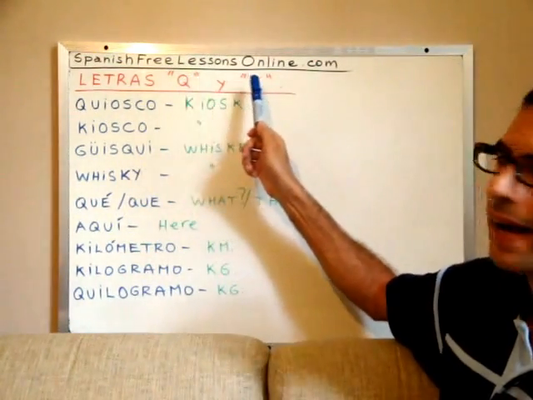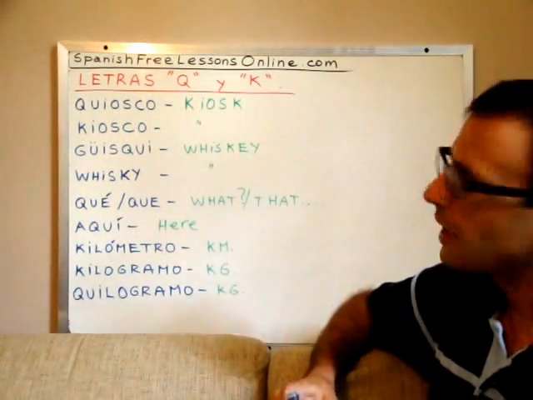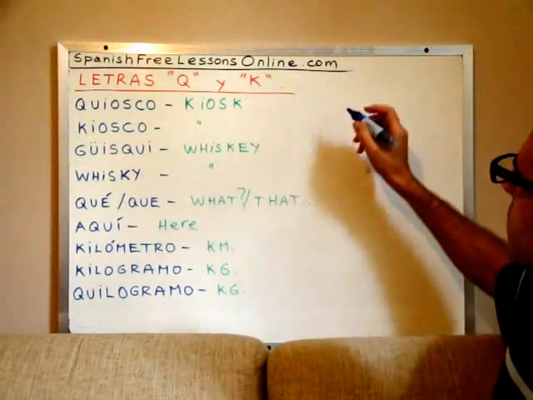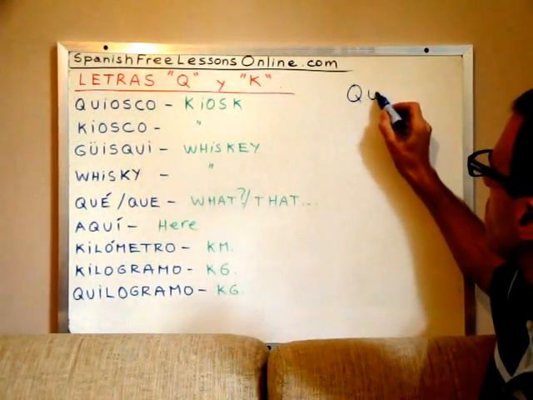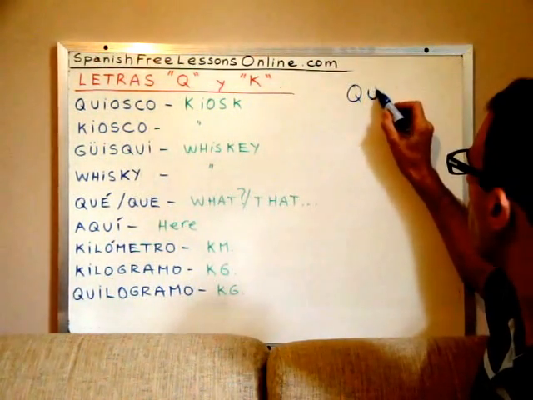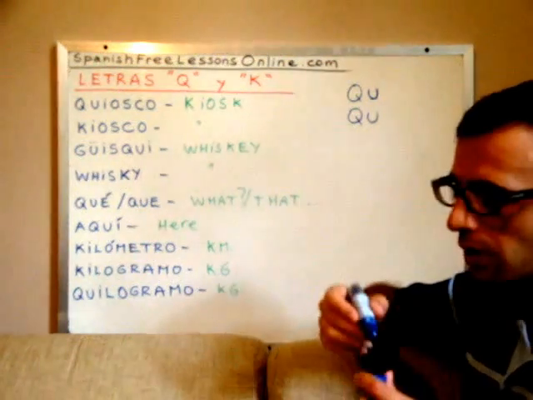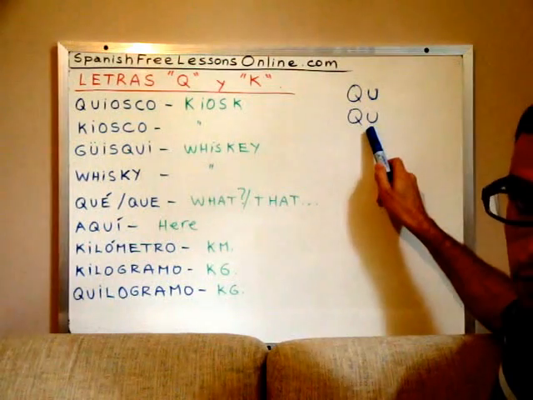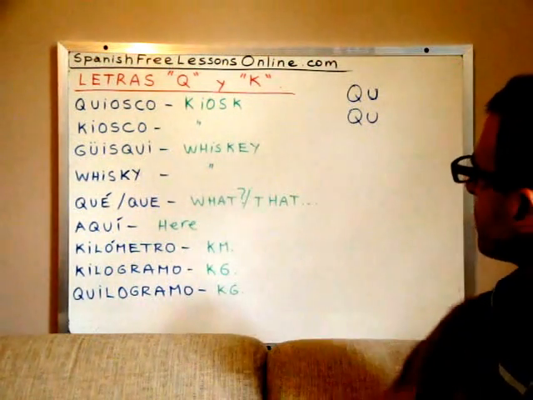Q, K. First, let me tell you that letter Q in Spanish is always followed by the muted letter U. Okay? Always. You never have letter Q in Spanish unless it's followed by letter U. And this letter U is always mute.